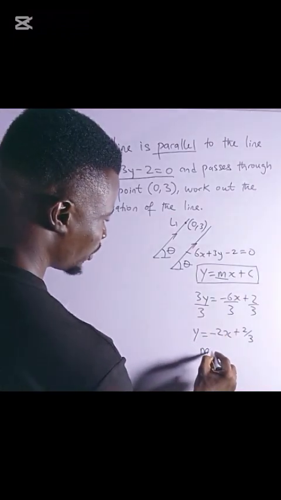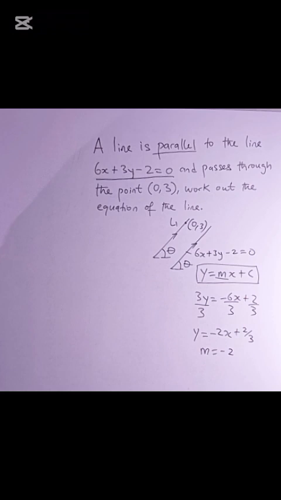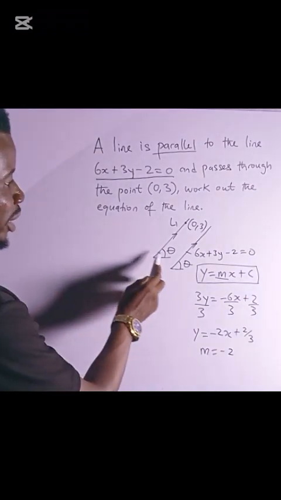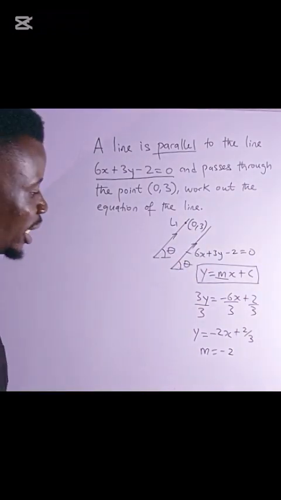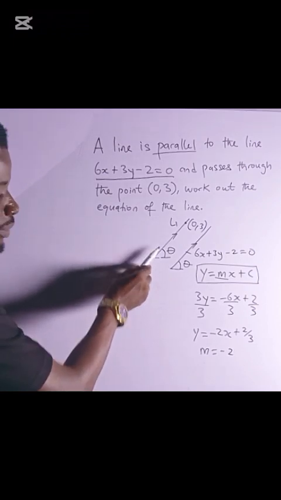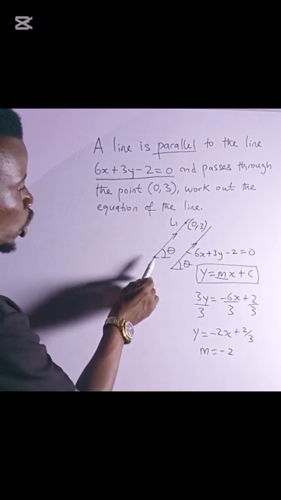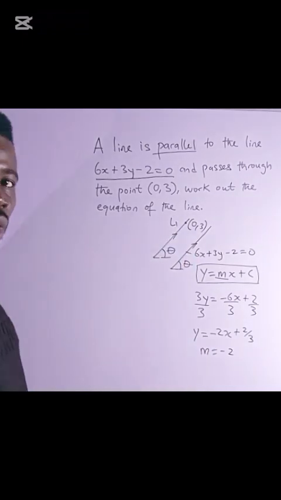Our m becomes minus 2. So like we said earlier, two lines which are parallel have the same gradient. That means the gradient of this first, unknown line is minus 2 also. But now, how do we compute the equation of the line?